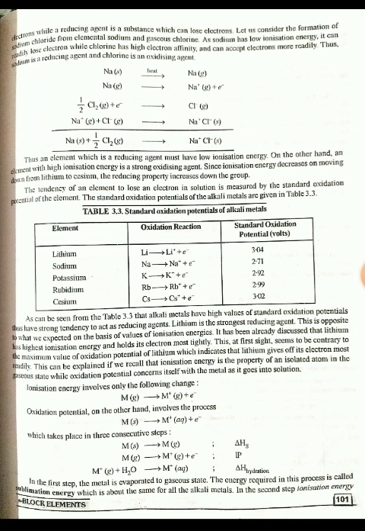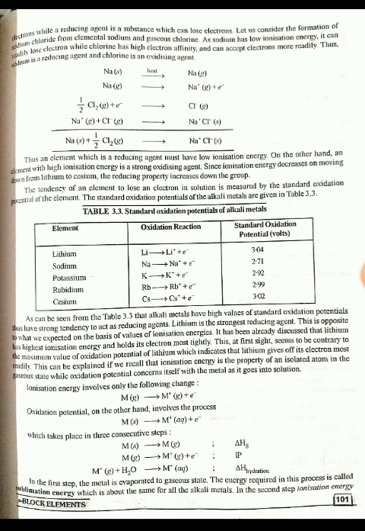Table 3.3, standard oxidation potentials of alkali metals. Element lithium, oxidation reaction: lithium gives lithium positive ion plus electron, standard oxidation potential 3.04 volt. Sodium, oxidation reaction: sodium gives sodium positive ion plus electron, standard oxidation potential 2.71 volt.